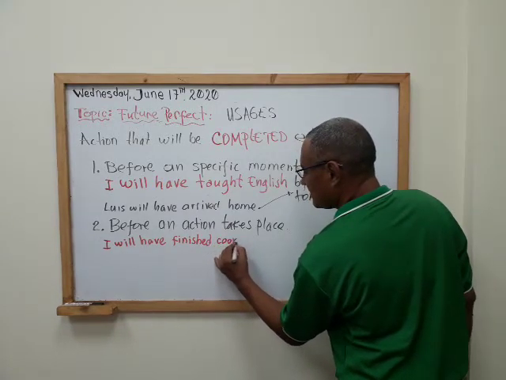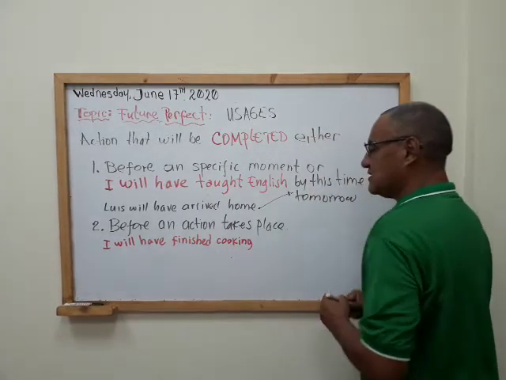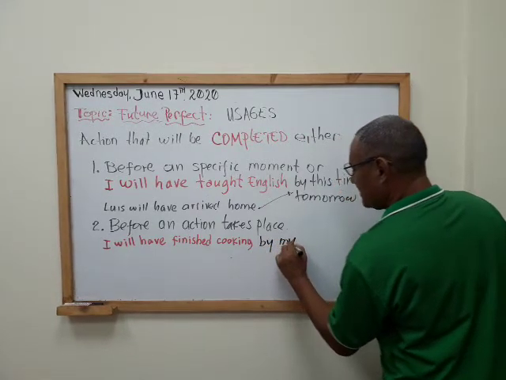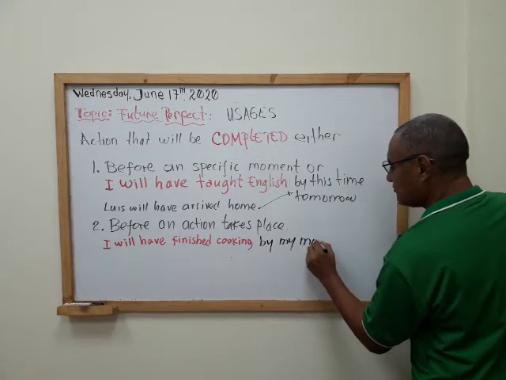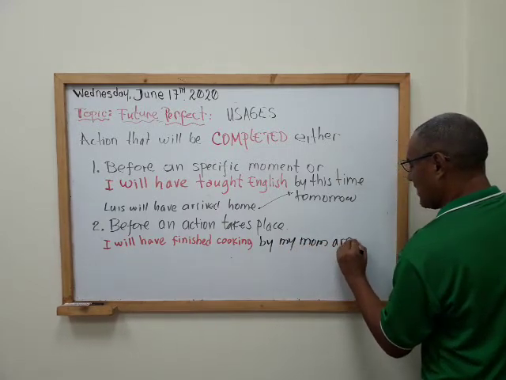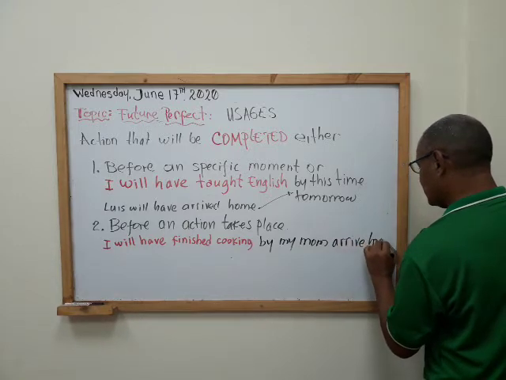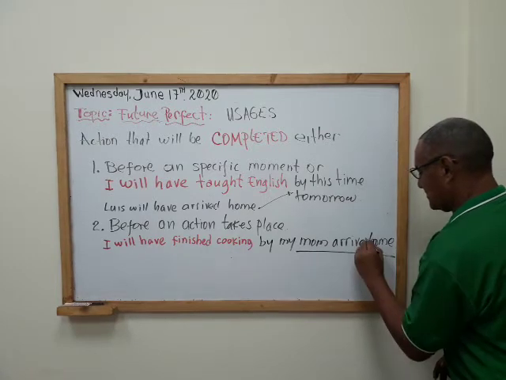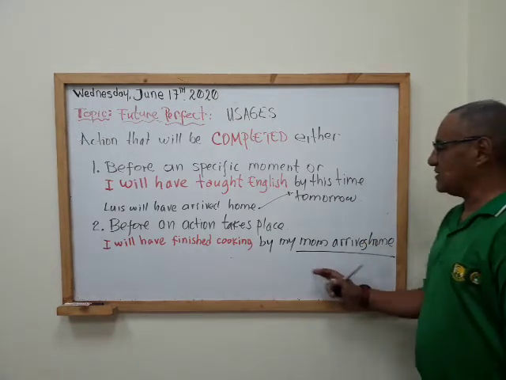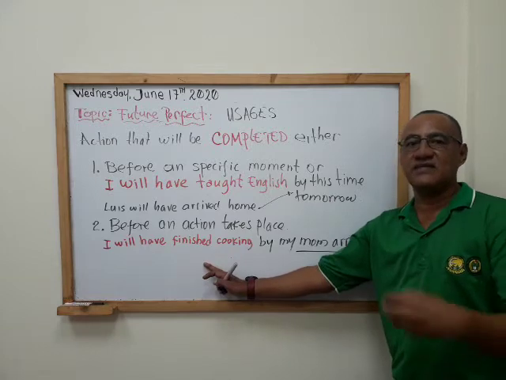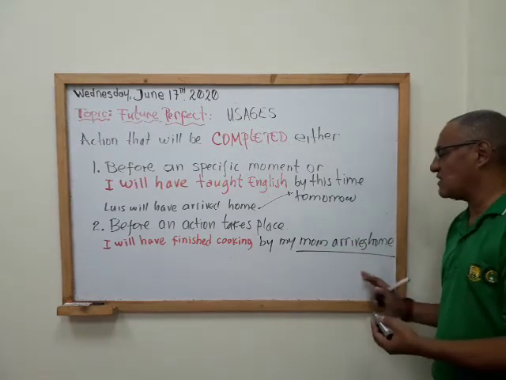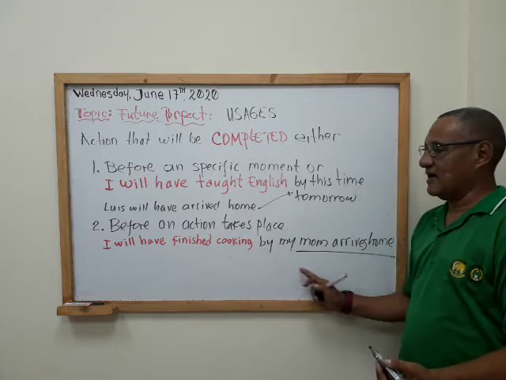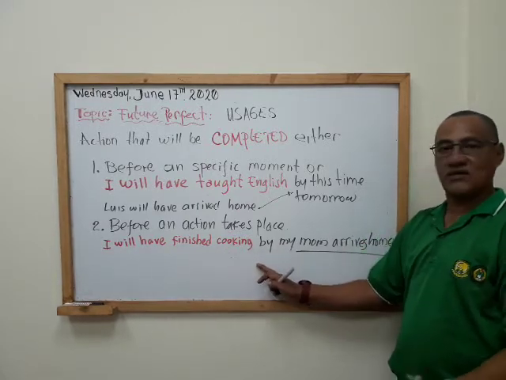I will have finished cooking by my mom arrives home. Yes. So this is another action. So this activity will be completed before this. Antes que mi madre llegue a la casa, yo habré terminado de cocinar.